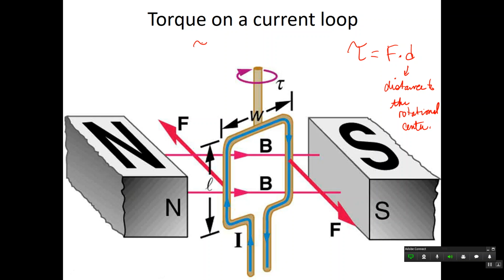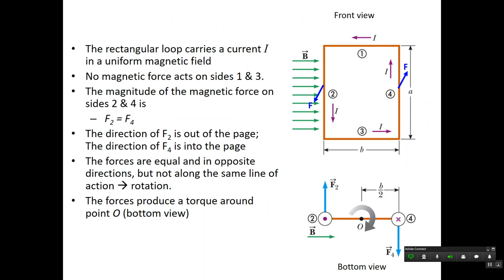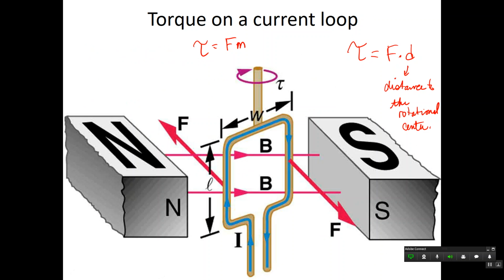So my torque is equal to my magnetic force multiplied by the distance from the rotational center, which is W divided by 2. And that's the torque being applied by what? Is it only one of the forces or both of the forces? And are those two forces helping each other or not?